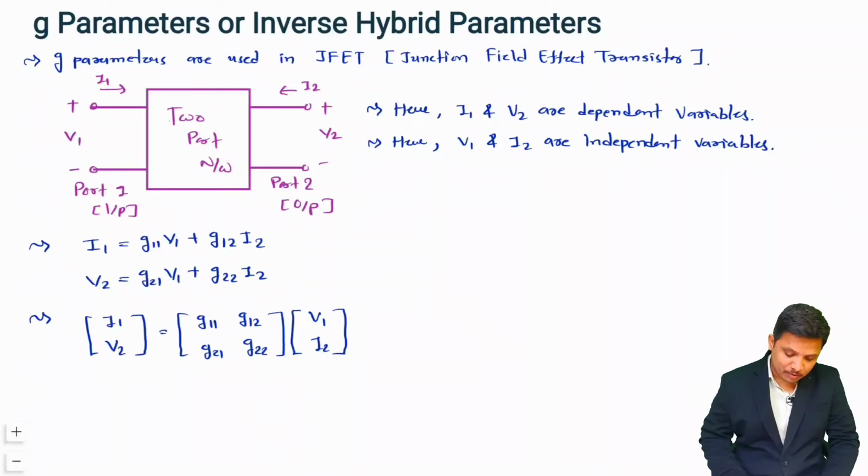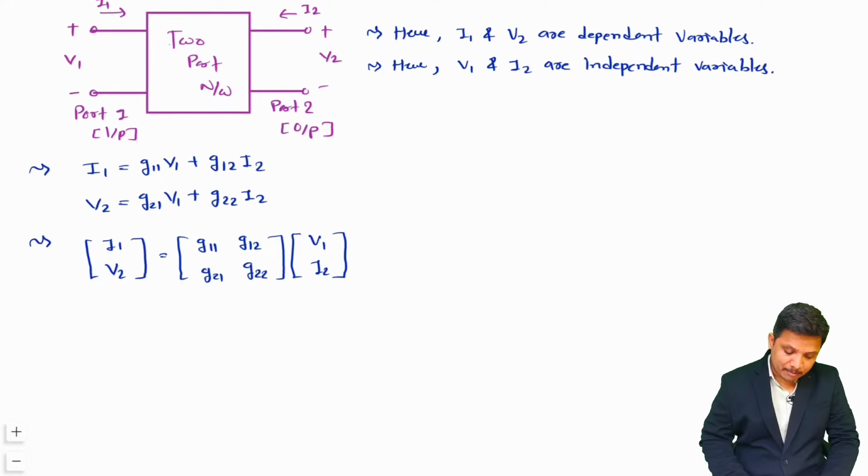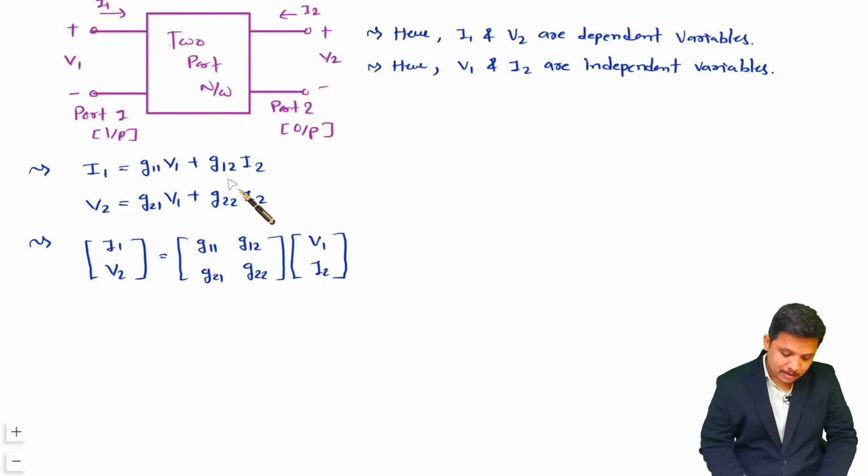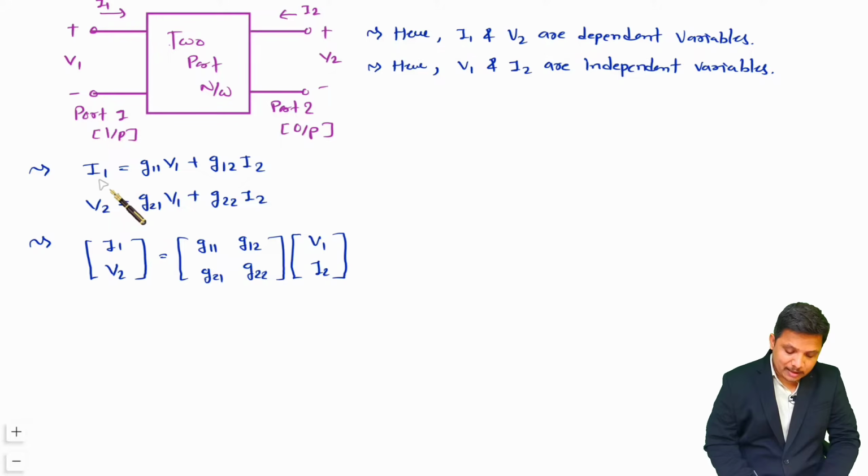Now I'll explain how we can measure the G parameter. When you want to measure G parameters, you have to look at these equations. If you want I2 equals 0, you have to make port 2 an open circuit. In that case, I2 will be 0, and you will have G11, which is I1 by V1, and G21, which is V2 by V1.